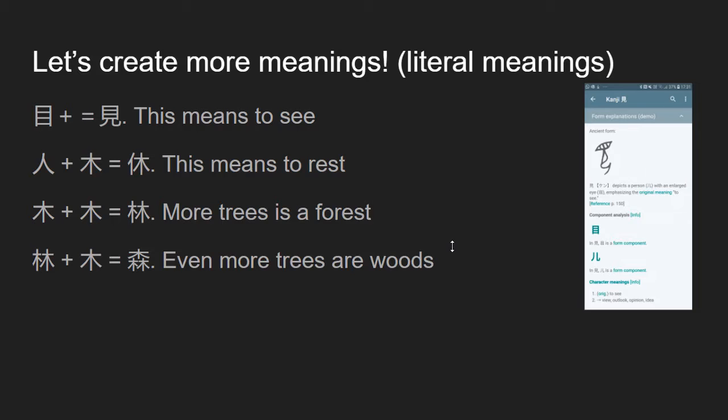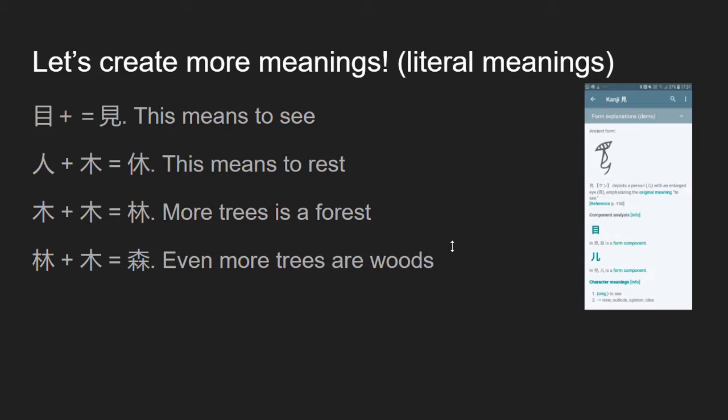So that's probably where this concept of a man resting on a tree to mean to rest has come from. Again, you add a tree with a tree, you get more trees. You add more trees, you get even more trees. So this is a forest, and this is woods. It's completely literal. It makes sense.